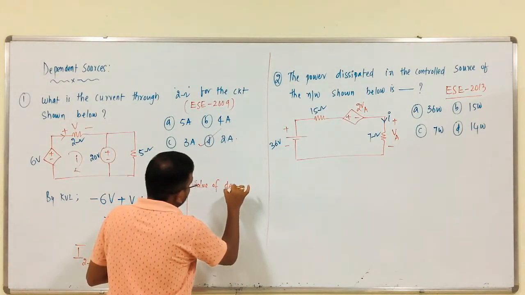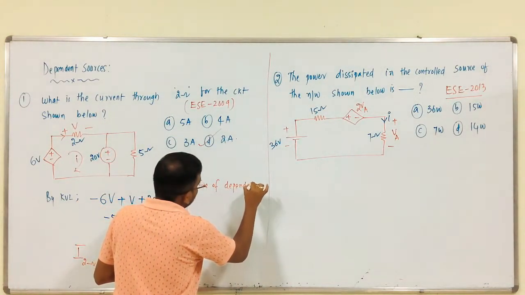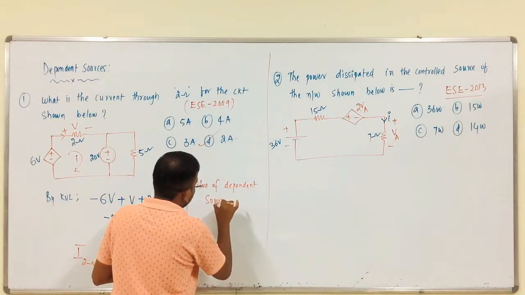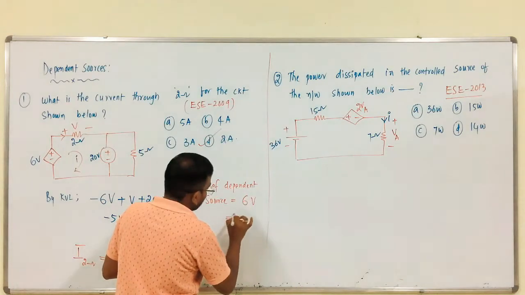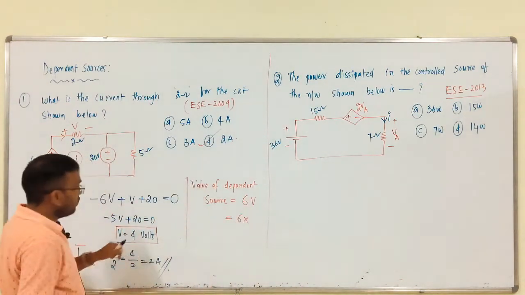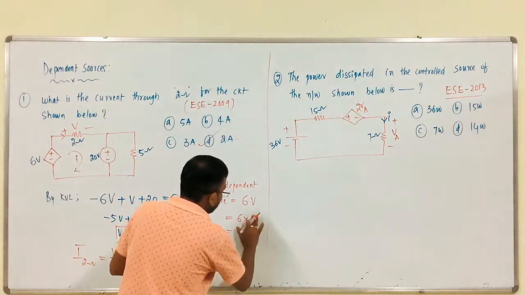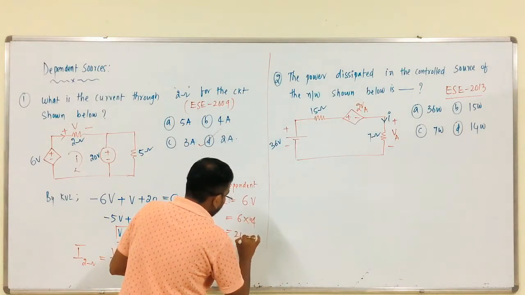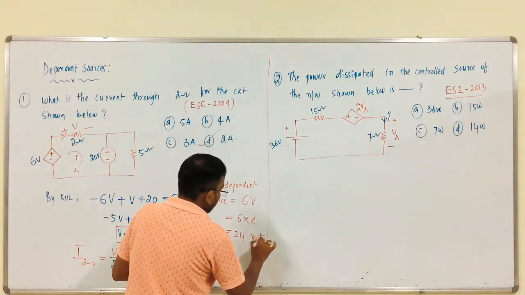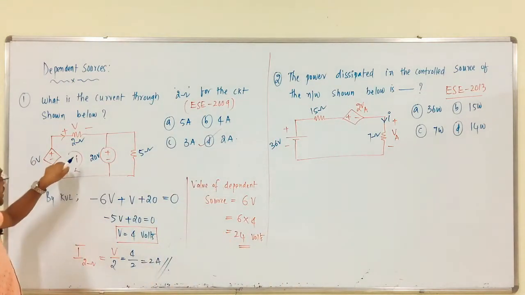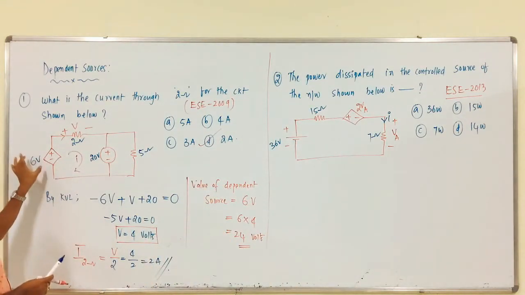Value of dependent source equals 6 V, which is equal to 6 into 4, which is equal to 24 volts. Why volts? Because it is a voltage control voltage source. So, this is 24 volts, that is the meaning.